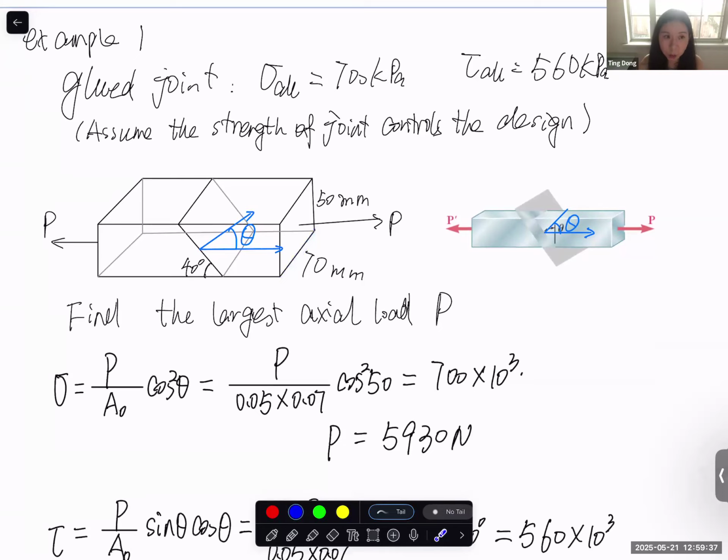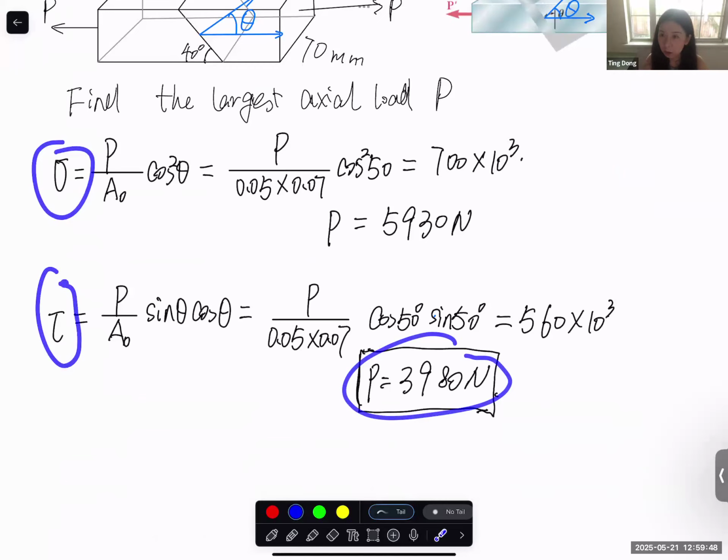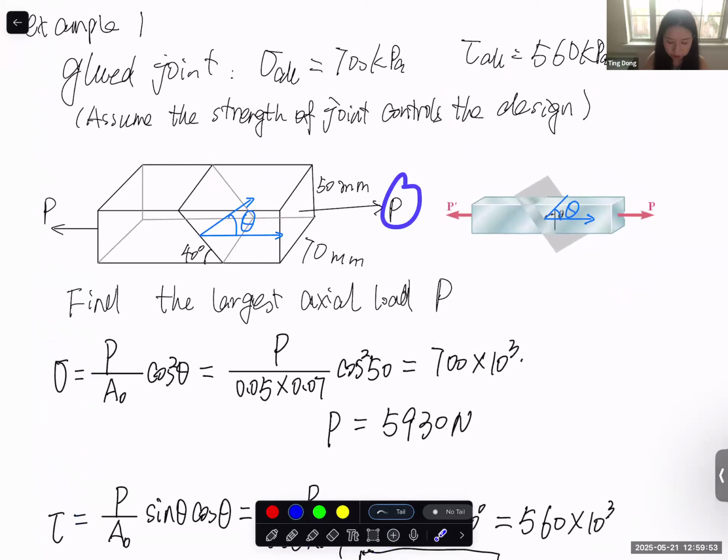Yes, I said this one specifically is asking about the largest axial load to be applied to make sure that the structure is safe. We need to choose the smaller one to make sure that it survives both sigma and tau. But I could change this problem so that I give the force applied, and I give the allowable normal stress and shear stress. I ask you what is the minimum dimension here. Let's assume that it's the width B. I ask you what the minimum dimension B is, then you need to choose the larger one to survive both. That's what I said. Got it. Thank you. You're welcome.